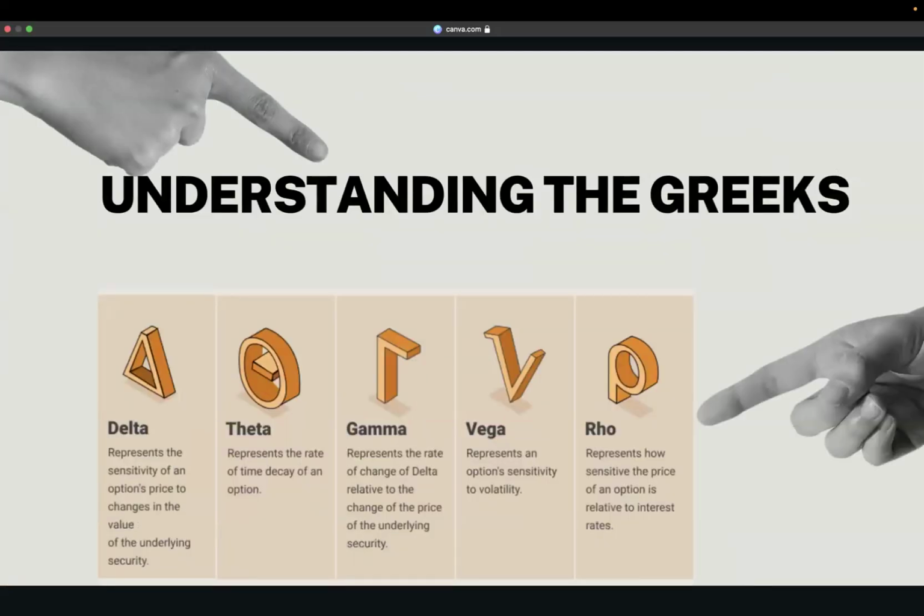And you've got to understand the Greeks. What the Greeks are, you've got delta, theta, gamma, vega, and rho. The main two that we deal with are delta and theta, because from what I've learned, these have the most impact on your contract. The delta is the amount of money you'll get for every dollar increase, or decrease if you're doing puts, in that contract.